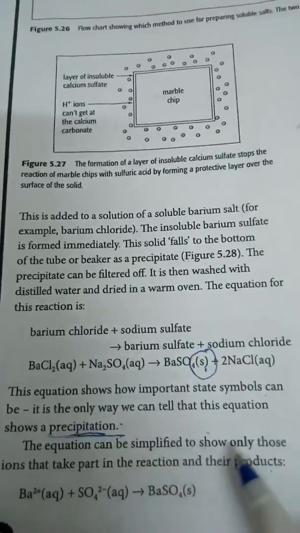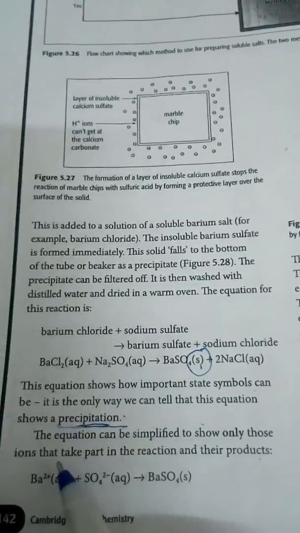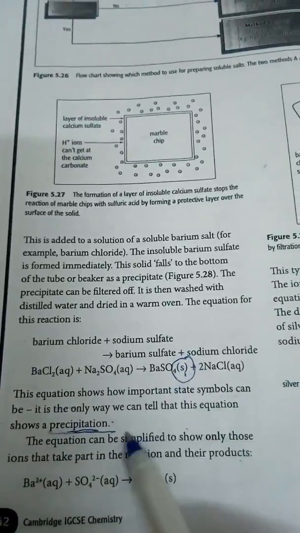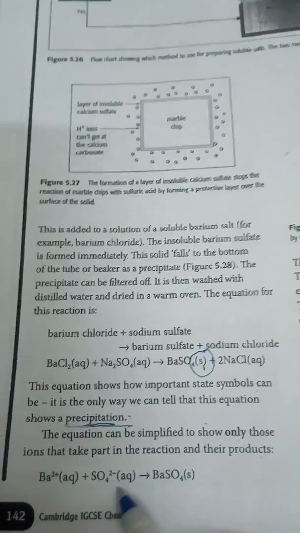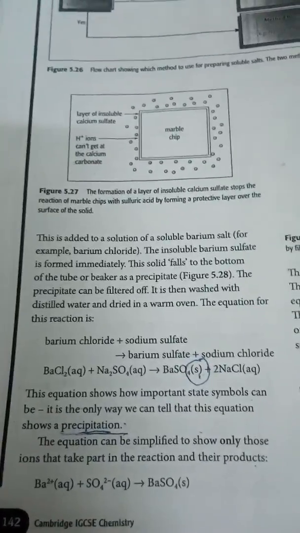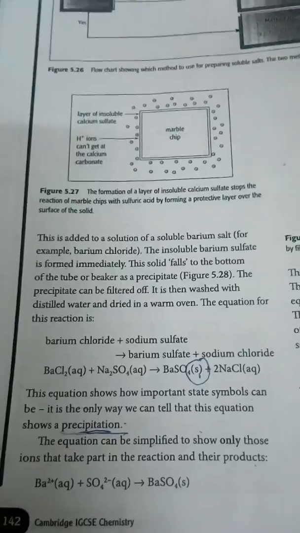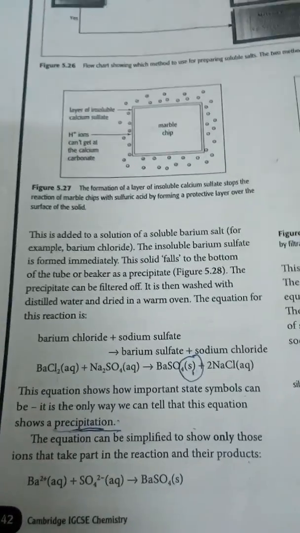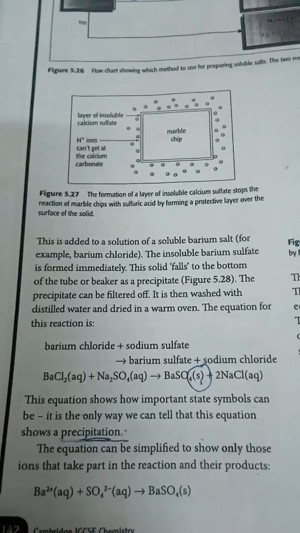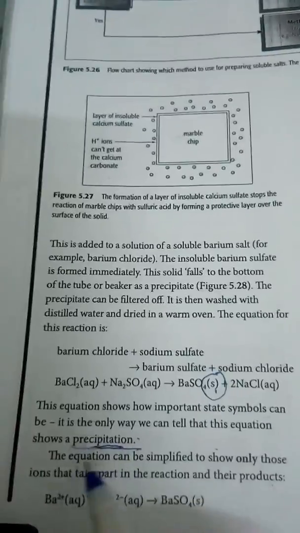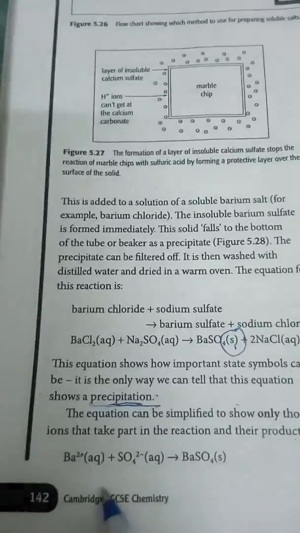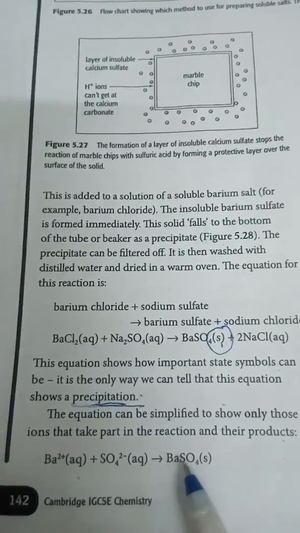The equation can be simplified to show only those ions that take part in the reaction and their products. That is, we can prepare an ionic equation for this chemical reaction. We can know which ions are taking part and which are simply observing. Barium and sulfate are taking part in this chemical reaction and giving out barium sulfate.